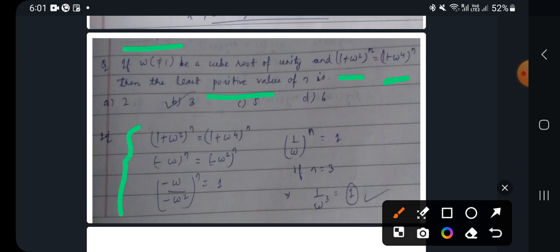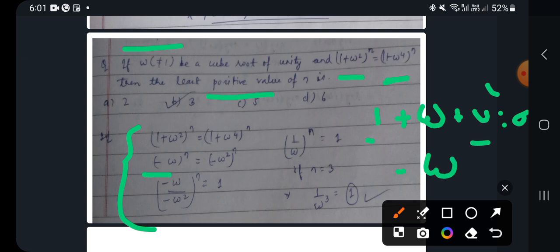So here we will equate it, and from the relation that 1 plus omega plus omega square is equal to 0, if we take 1 plus omega square, then it will come out to be minus omega. So we'll put minus omega in place of this.